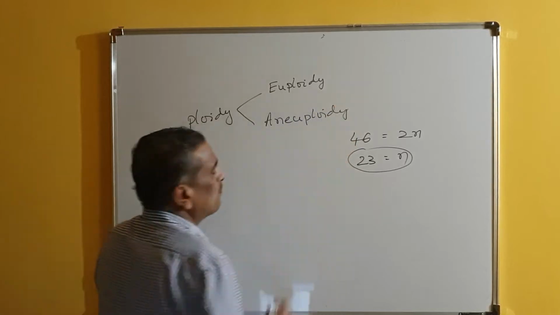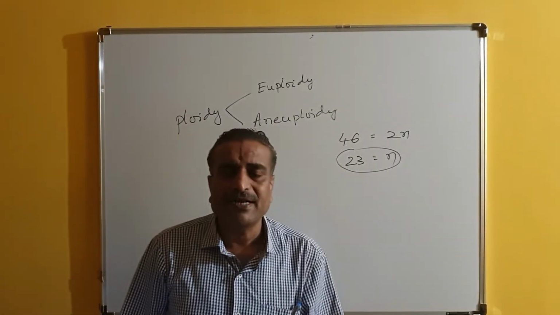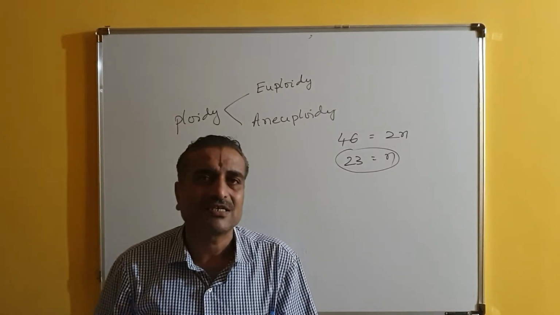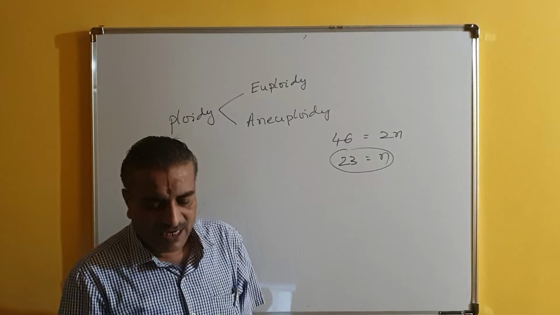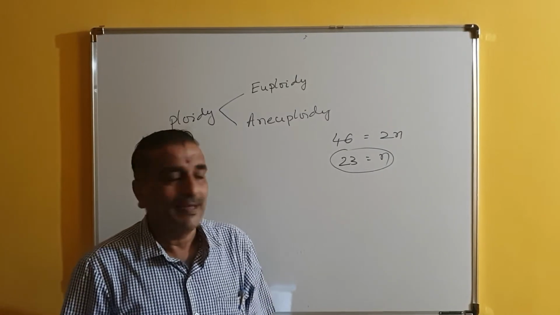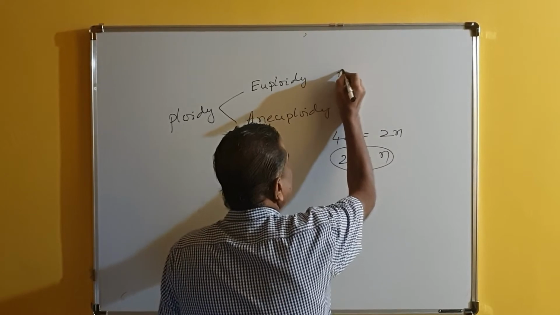Okay, aneuploidy. Of course there is a separate topic for this that I will discuss in detail, but now we shall understand what aneuploidy is and what euploidy is. Euploidy stands for n.